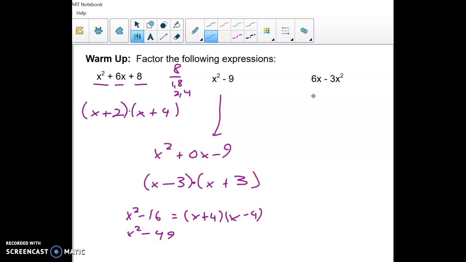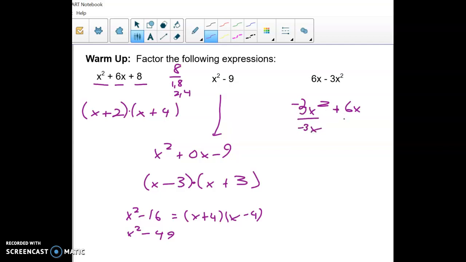Okay, last one. There's a couple tricks on this one. So certainly there's a GCF of 3 and x. But generally what you want to do is write it with the highest exponent first. When you factor, it's going to be better if you write it with the highest exponent first. So I'm going to put the x squared first, and then pull out a 3 and an x. But also, if the front thing is negative, we're going to pull out a negative.